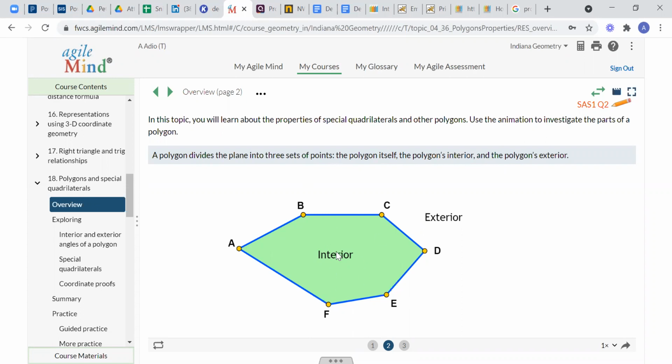And the interior of the polygon is also another component of the polygon, and the exterior part is also another component, because with that we can find the number of sides the polygon has. With that we can find each of the interior angles, the sum of the interior angles in the polygon, and we can also find the sum of the exterior angles, which is always 360, or each of the exterior angles, which is 360 divided by the number of sides.